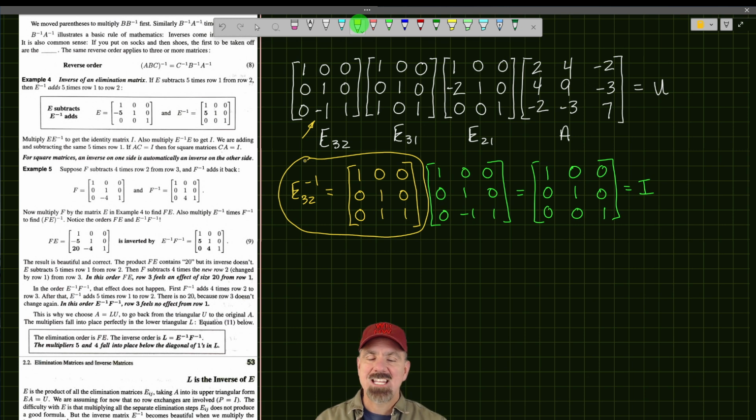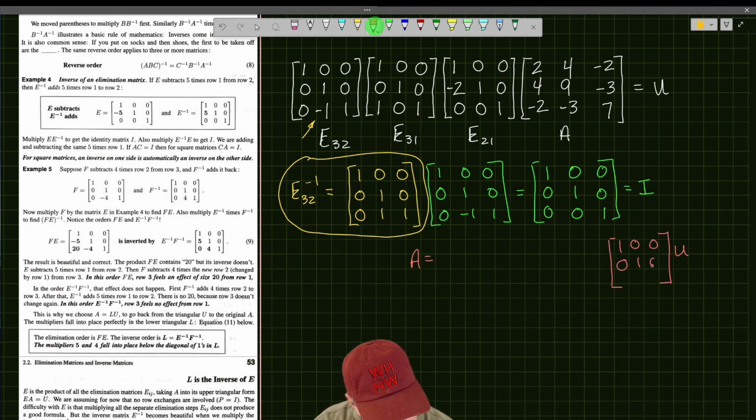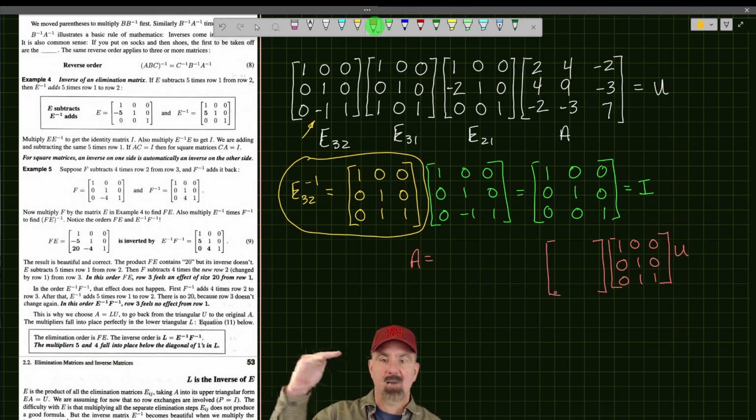Well, that means taking the inverses is really easy. I'm able to simply write down the following. I can write down and say, let me do it in red, A is equal to U multiplied times the inverse of E32, which we already decided is 1, 0, 0, 0, 1, 0, 0, 1, 1. And then I need to take the next inverse coming in from the left-hand side, which is the inverse of E31.